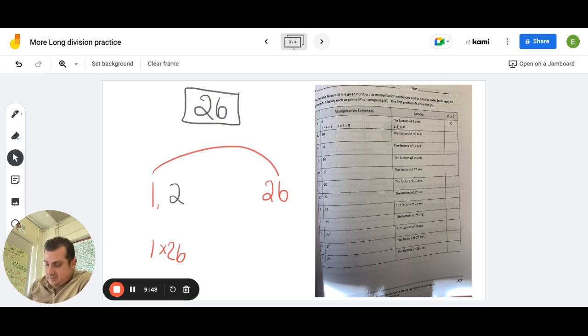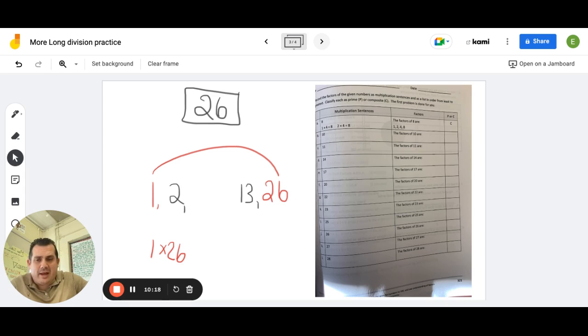So I know it's going to be 2 times 13. And now you know your facts. Can 3? Well, I know 3 times 8 is 24, and 3 times 9 is 27. So it can't be 3 times anything.